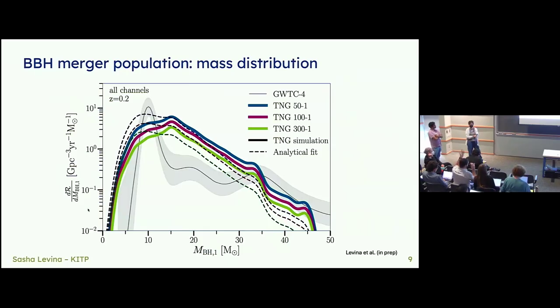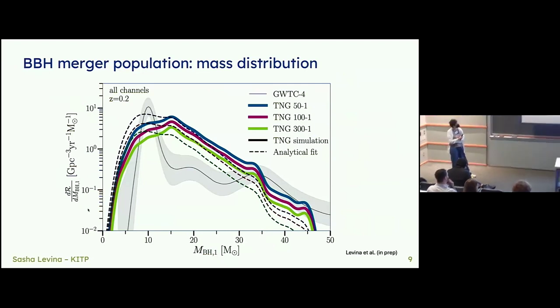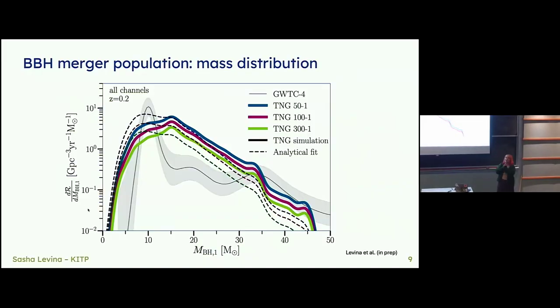In general, that is mostly a resolution effect. Basically, it is coming from the fact that in TNG300, which has the lowest resolution, if a particle is not massive enough, it treats it as if it almost doesn't exist.